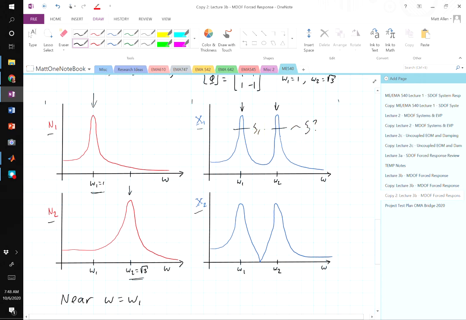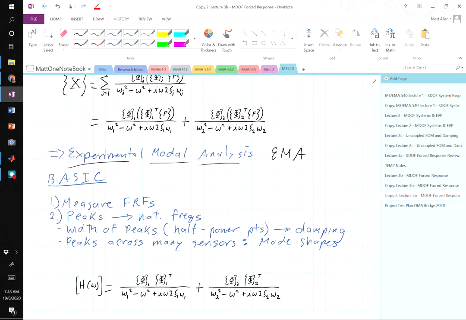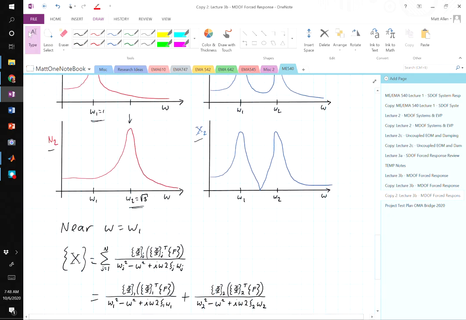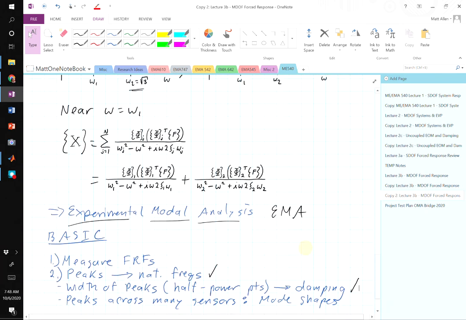So this would give us zeta 1, this would give us zeta 2, right? This would give us omega 1, omega 2. And so that takes care of the natural frequencies and the damping. And what about the mode shapes? Well, we can use the height of the peaks across many sensors to get the mode shapes.